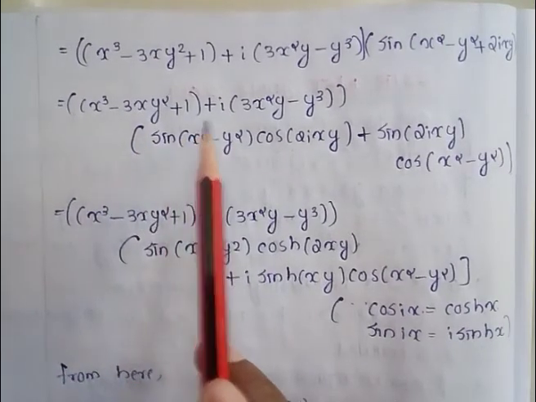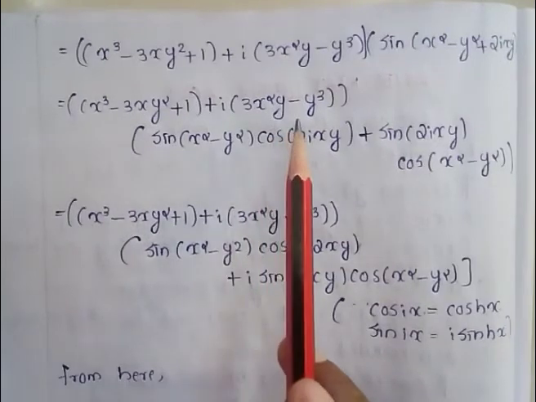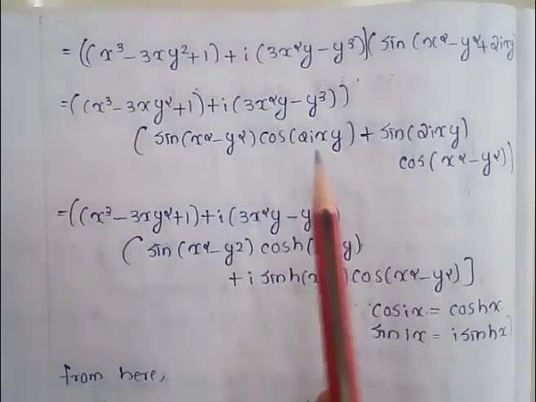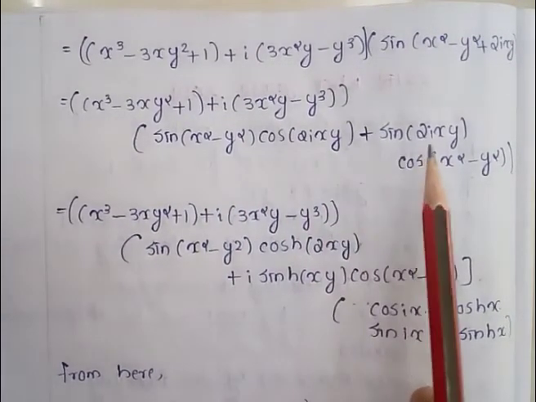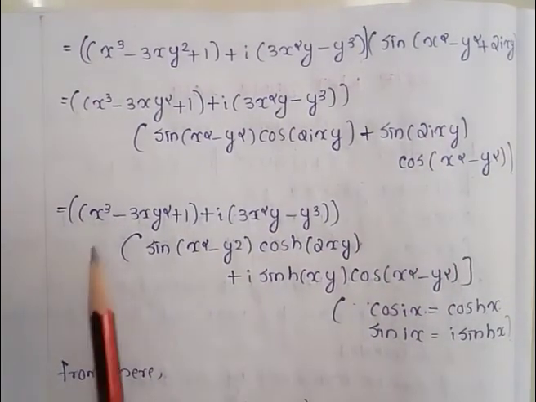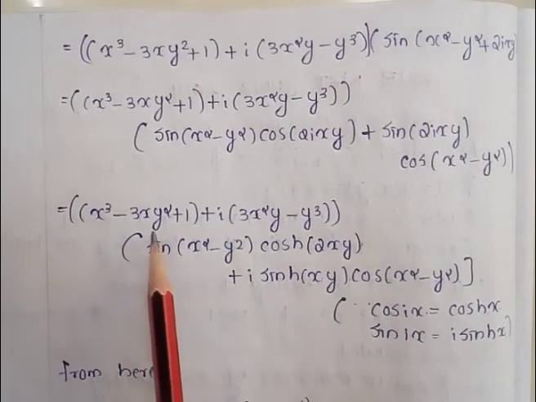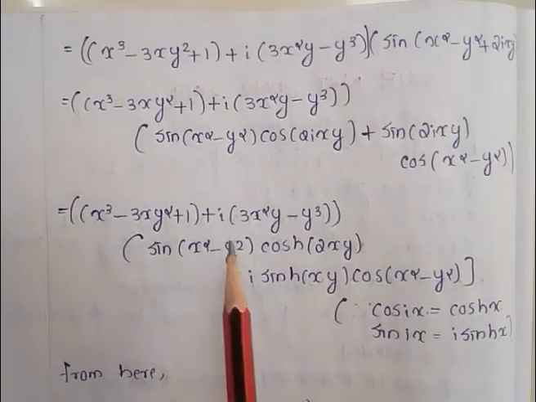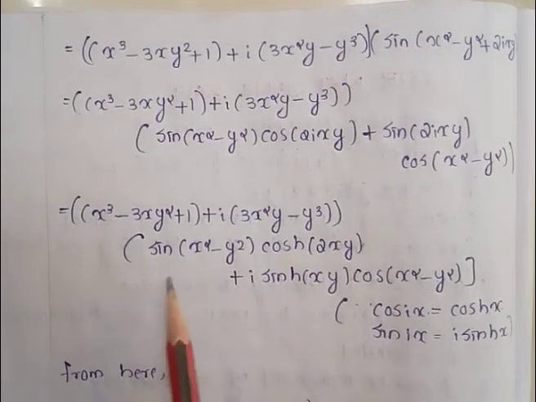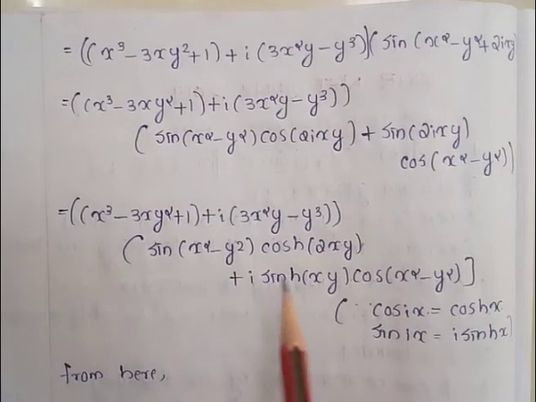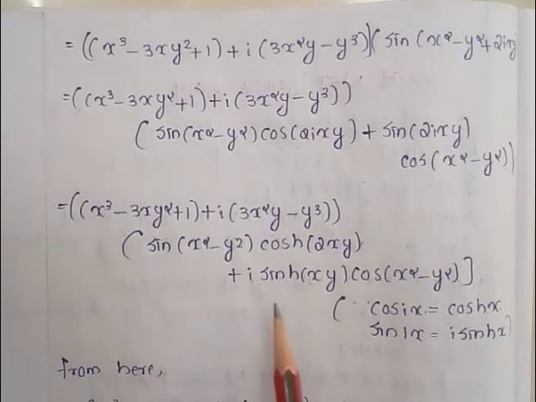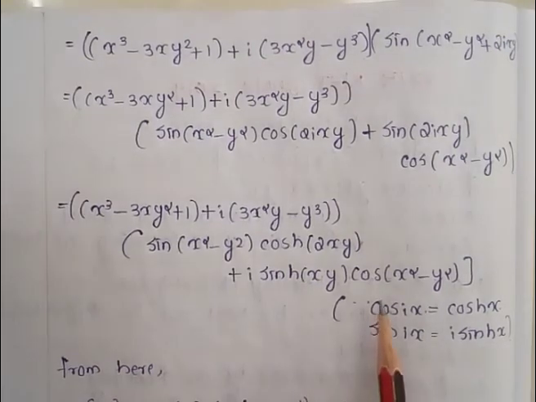Which is equal to (x^3 - 3xy^2 + 1 + i(3x^2 y - y^3)) times (sin(x^2 - y^2) cos(2ixy) + sin(2ixy) cos(x^2 - y^2)), which is equal to (x^3 - 3xy^2 + 1 + i(3x^2 y - y^3)) times (sin(x^2 - y^2) cosh(2xy) + i sinh(2xy) cos(x^2 - y^2)).